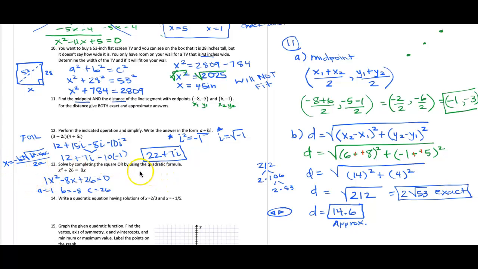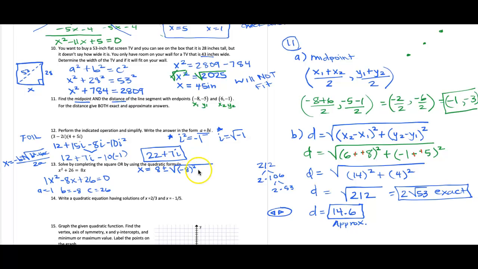All right, so if I'm putting my coefficients in here, right? So negative b really means the opposite of b. So the opposite of negative 8 is positive 8. So x equals positive 8 plus or minus the square root of negative 8. Make sure you put your negative 8 in parentheses like this.